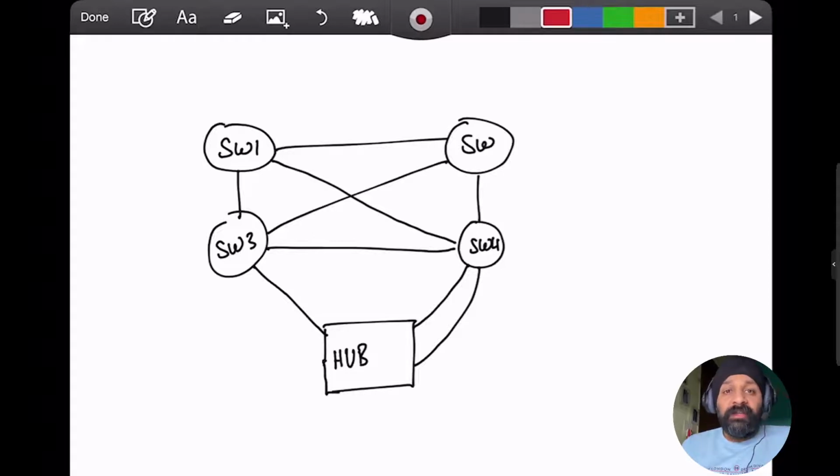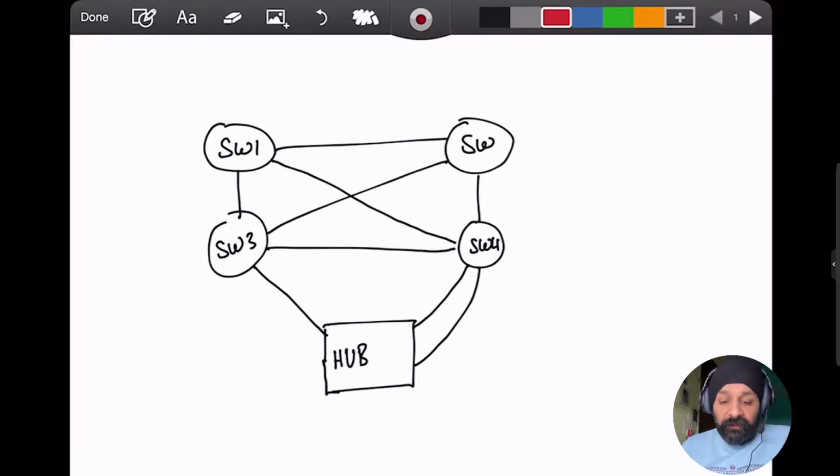Now, the instance for a backup designated port may be confusing to understand at the first go. The reason being that these scenarios are very highly unlikely to happen in today's networks. Why? Because this will require a hub to be in the network. And when there is a hub, the switch will be connected on more than one port to the same collision domain.